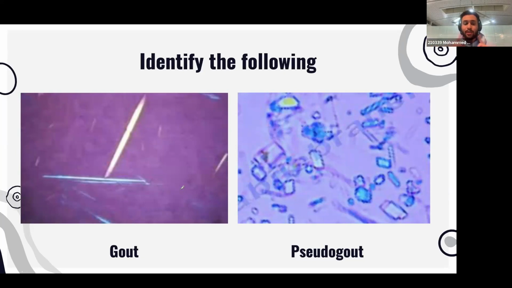What does this mean? You look at this needle-shaped crystal. That's another key term, needle-shaped crystal. If it's yellow under parallel light, this is gout. It's negatively birefringent. The other one is weakly positive.